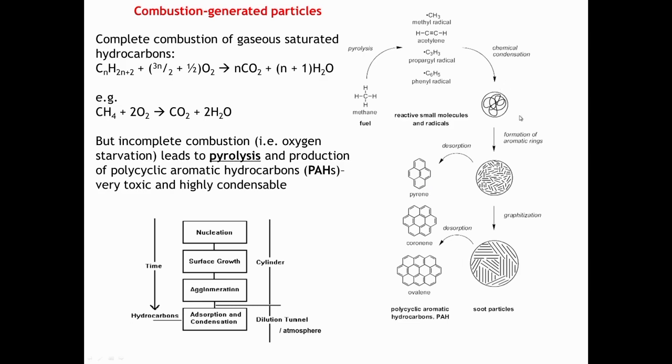They can be partitioning between the gases and the particles at very high temperatures. And then by the time they get to atmospheric temperatures, they're in the particles. So you're right, by the time we sample them from combustion units, the polycyclic aromatic compounds are very much more likely to be in the particles.